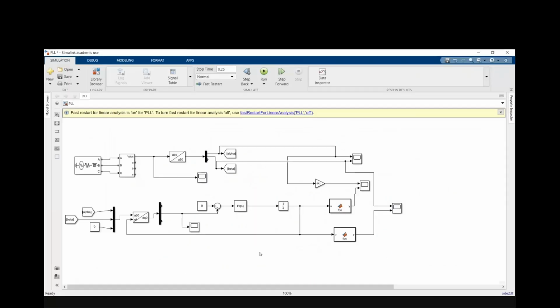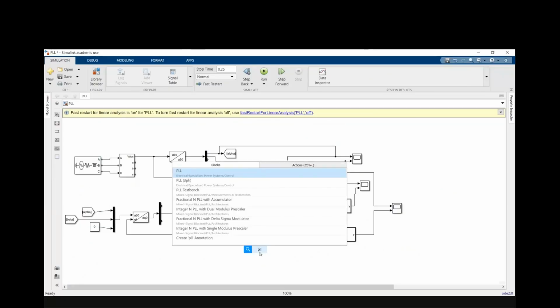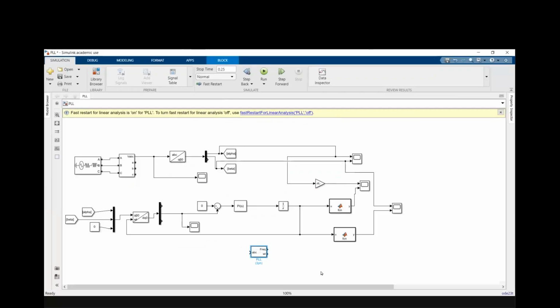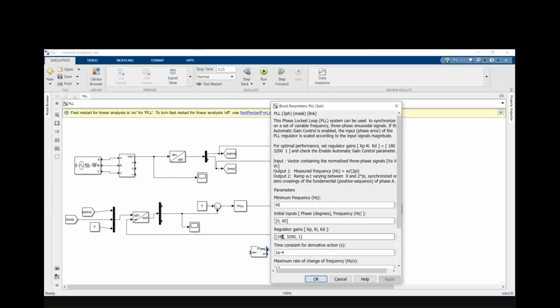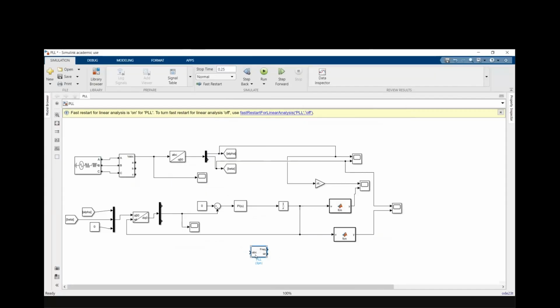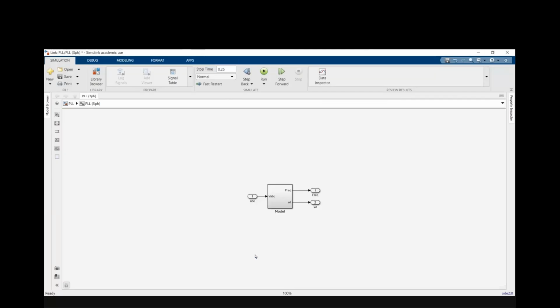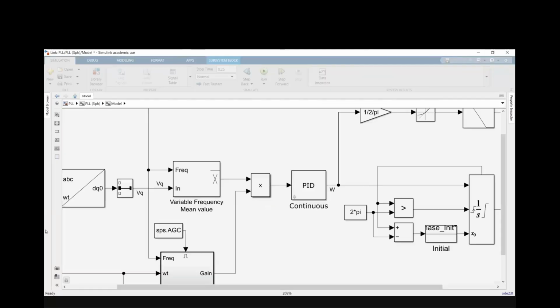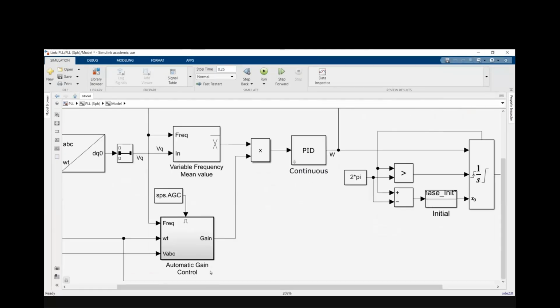But even in hardware networks, there exists one PLL block, this three phase. Whatever the PI tuning that they have done, there is something called an adaptive block inside this. If you press Control U inside this, there is something called adaptive gain control.